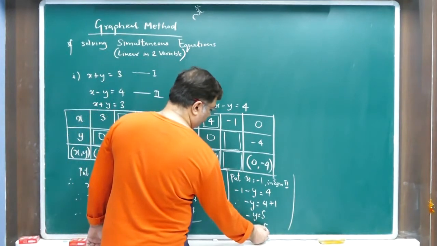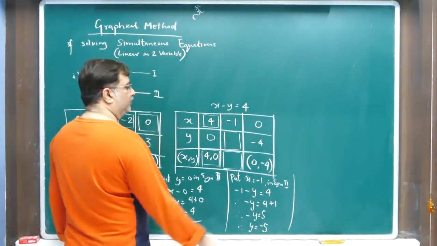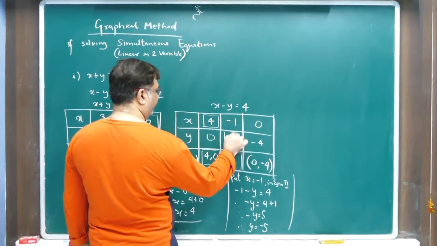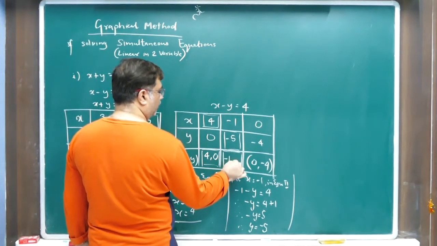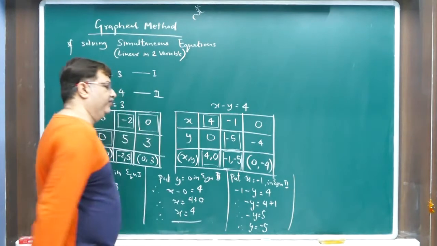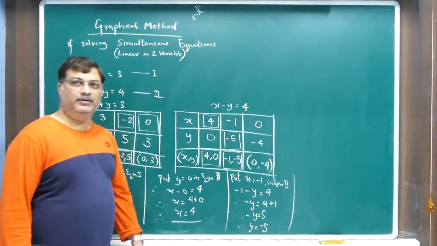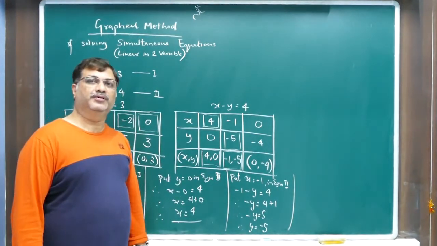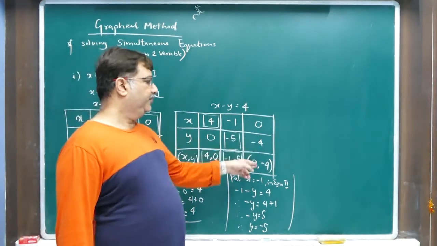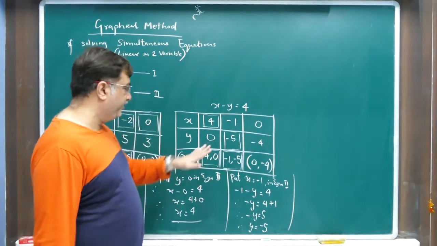So this will become minus 1 comma minus 5. Alright? This is how you write it. Here they have already completed it, you don't have to find anything. So the table is complete.